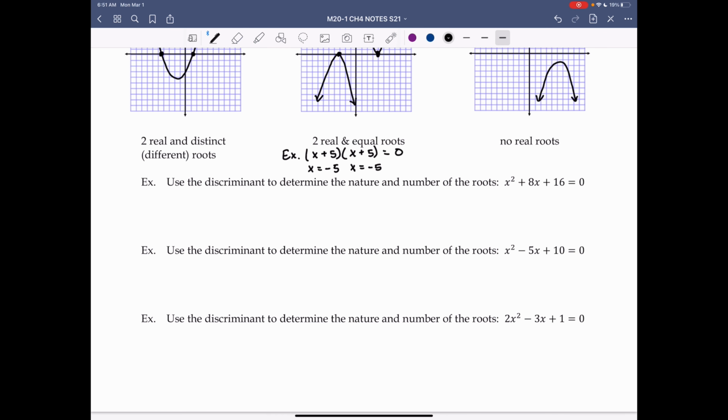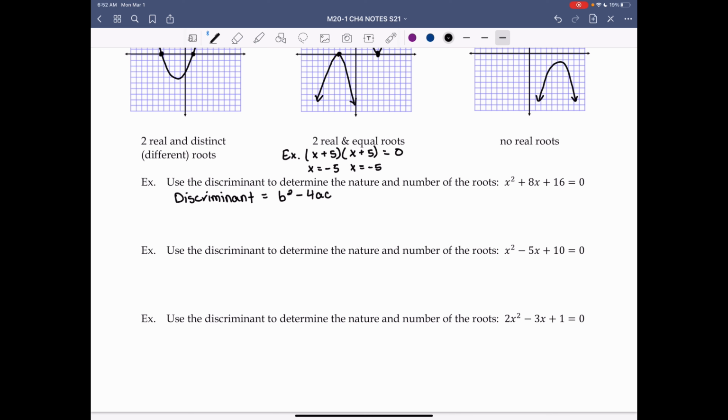Example: use the discriminant to determine the nature and number of roots. We have x squared plus 8x plus 16 equals 0. So let's figure out the discriminant. Remember, the discriminant equals the part under the square root, which is b squared minus 4ac.